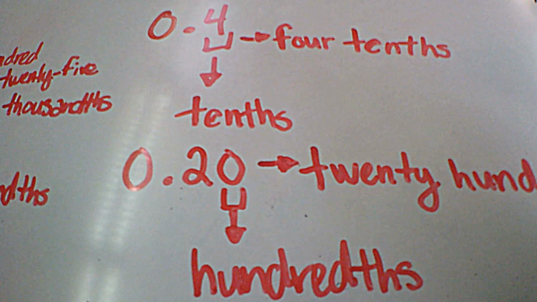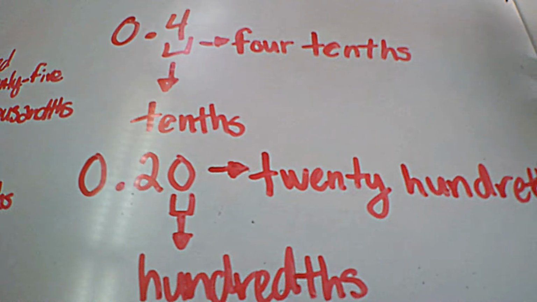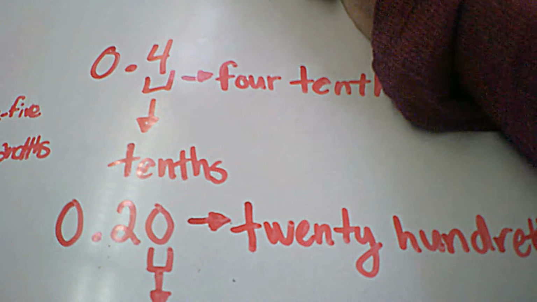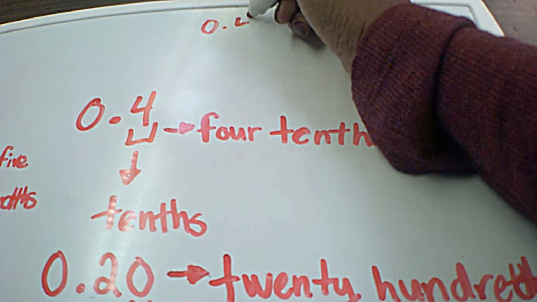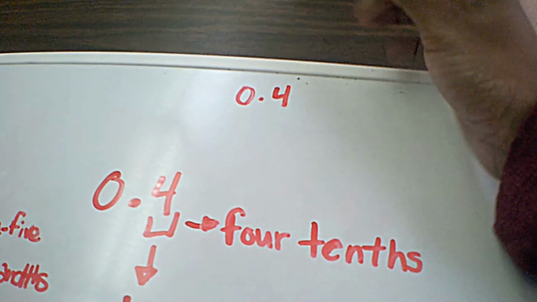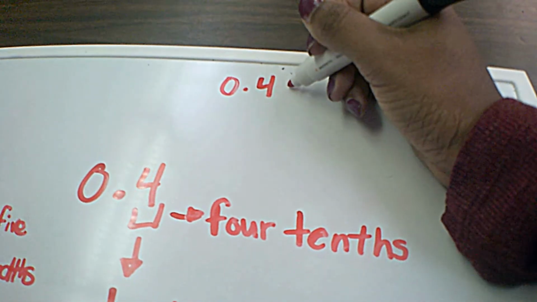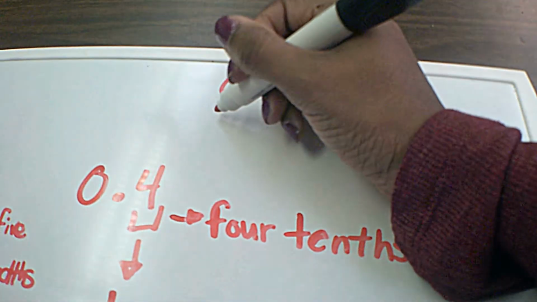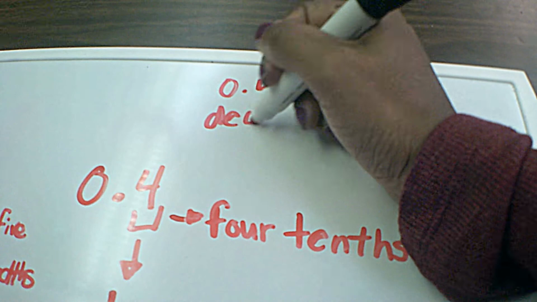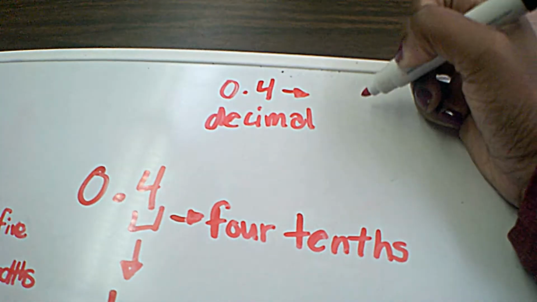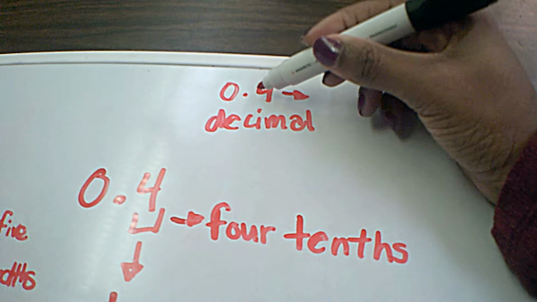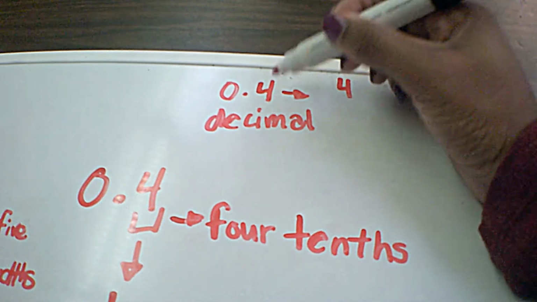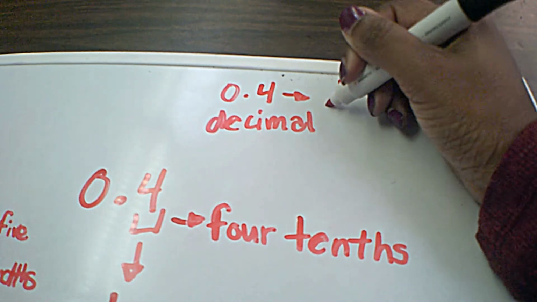For example, if I want to convert 0.4 to a fraction, I can simply know that this is 4/10, so I know that it would just be 4/10, because we're going to move that decimal over, and you guys learned this a long time ago.